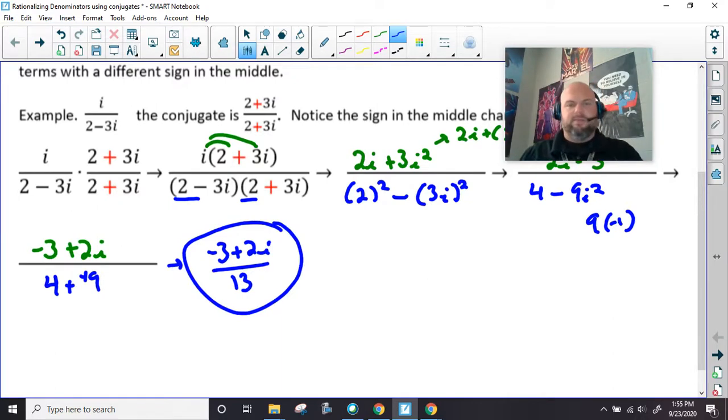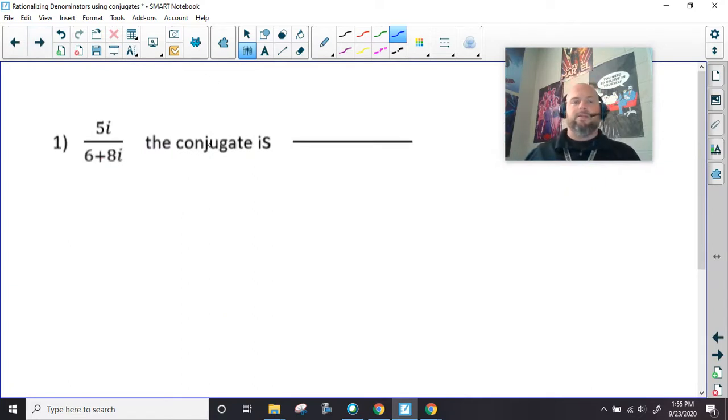I'm not really worried so much about the multiplication because we've done that. This should be extra practice. The big takeaway here is the conjugate, and you're going to see this as we go along through the lesson. So this one, we look right here. It's going to be 6 and 6, 8i and 8i.